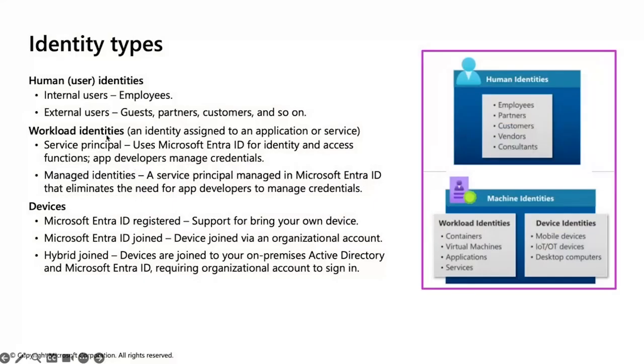So in workload identity, basically we assign this identity to an application or service. We have a service principal, which uses Entra ID for identity and access functions, and the application developers manage the credentials. They add these credentials inside their application code. In managed identity, a service principal is managed by Entra ID, which eliminates the need for the app developer to manage credentials.